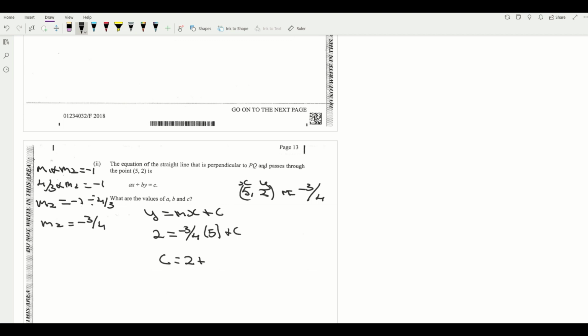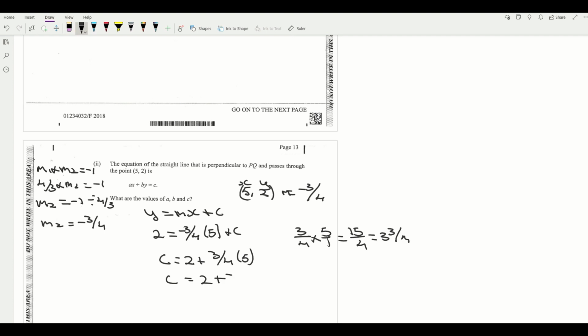So c would be 2 plus 3 over 4 by 5. 3 over 4 multiplied by 5 is 15 over 4, which is equal to 3 and 3/4.